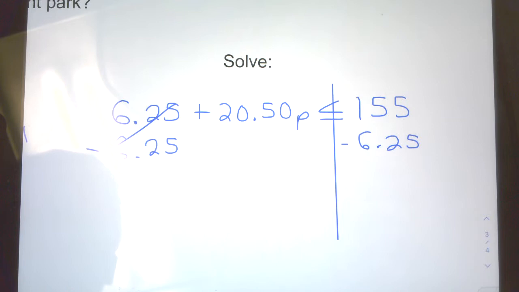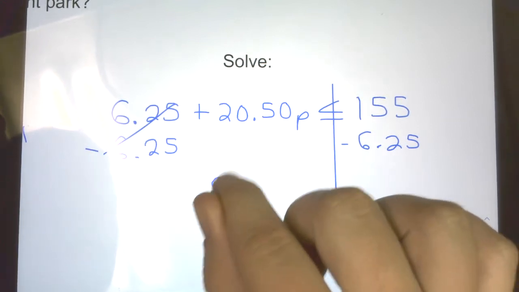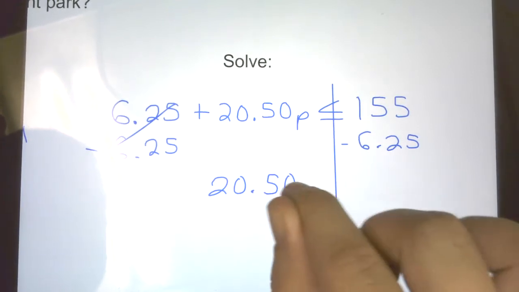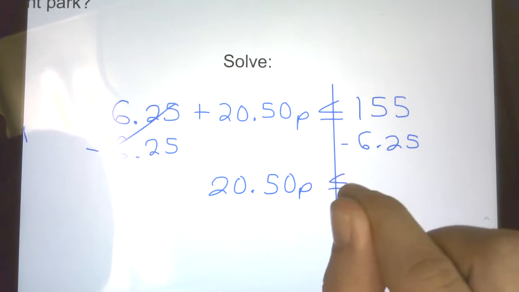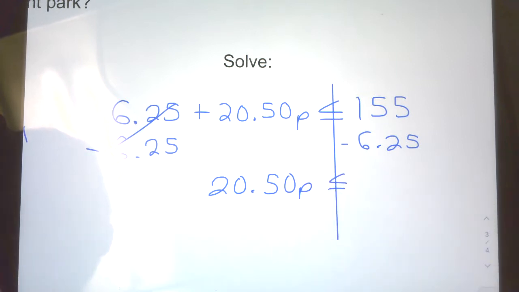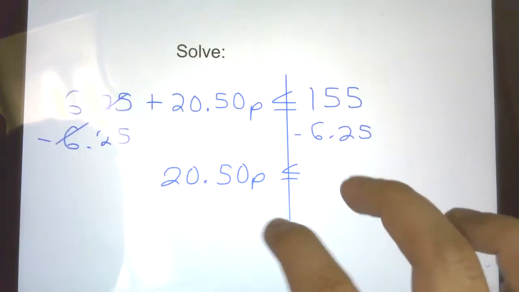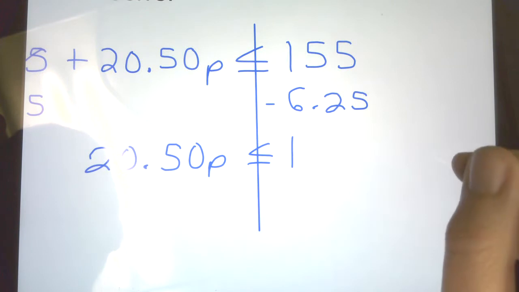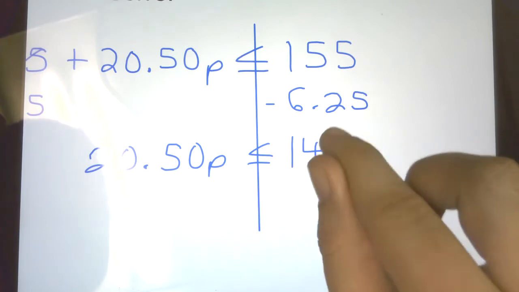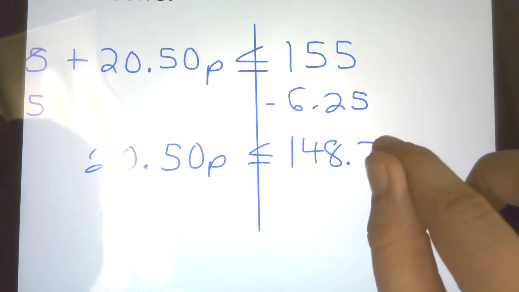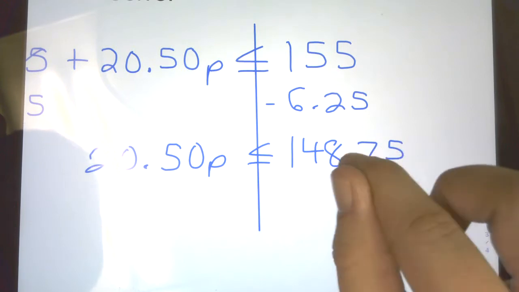That's going to be, well, on the left side, we've got 20.50p is less than or equal to 155 minus 6.25 gets me $148.75.